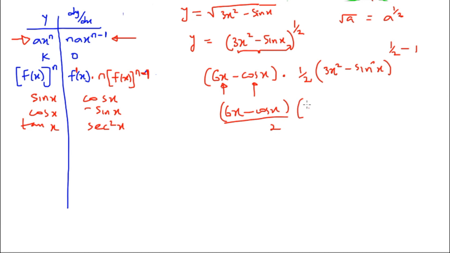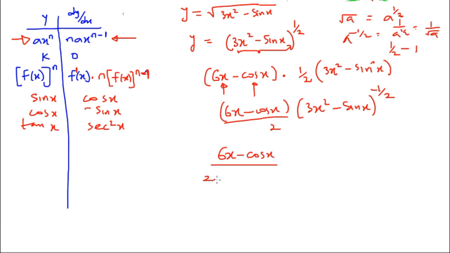Then I'll have 3x squared minus sine x raised to half minus 1, which is negative half, and a raised to power minus 1 over 2 is the same thing as 1 over a raised to power 1 over 2, which is the same thing as 1 over root a. That means I'll have 6x minus cos x over 2 into root 3x squared minus sine x. So that's the answer.